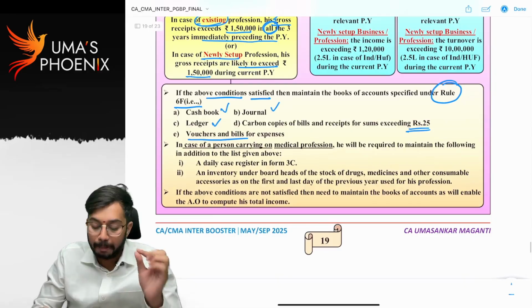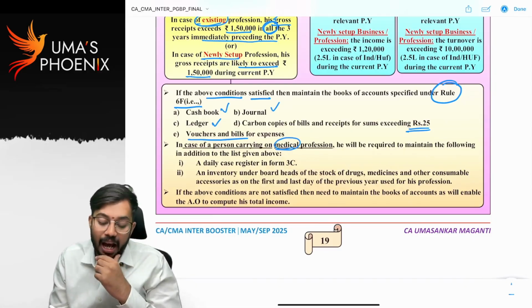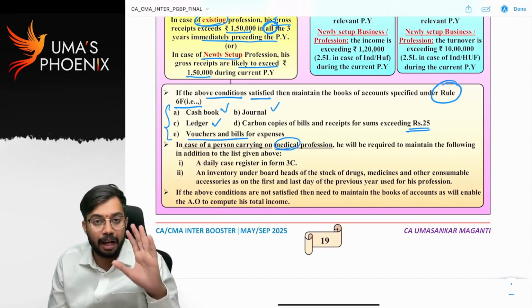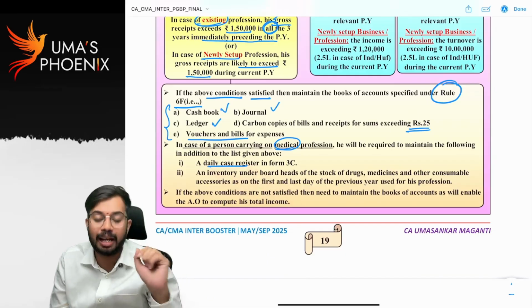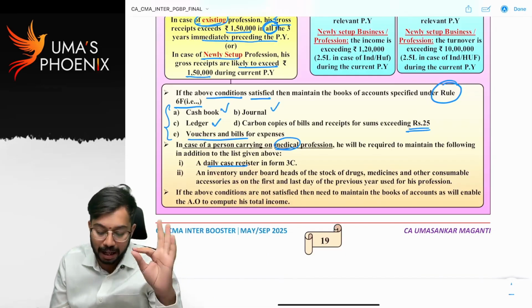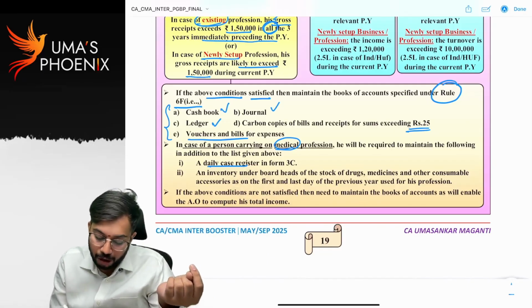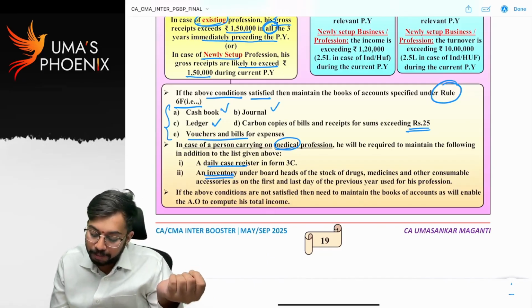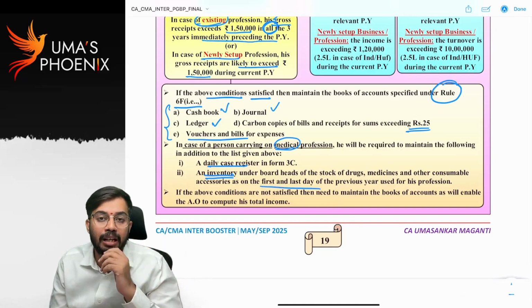If the notified professional is a medical professional, that means a doctor, along with these 5 books of accounts, additionally he is also required to maintain a daily case register, and he is also required to maintain opening and closing stock of inventory. Inventory means what? Stock. Opening and closing stock of all the medicines and consumables that are used by him in that previous year.